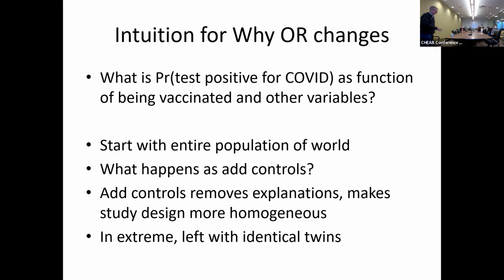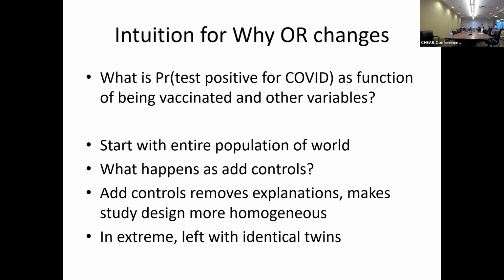Let me try and provide some more intuition for why the odds ratio changes. I've given one metaphor, which is OLS. Let me give another one. Suppose you're trying to test the probability of testing positive for COVID as a function of being vaccinated and perhaps other variables.